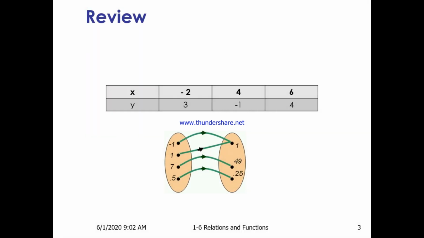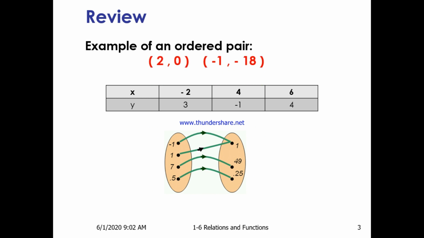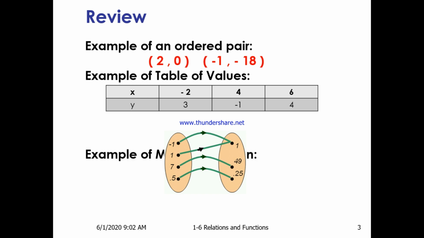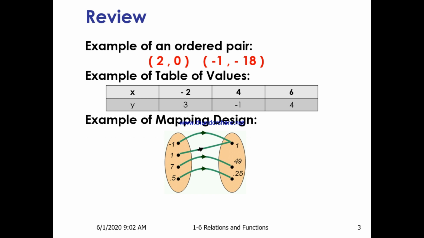Now, another review. This is an example. The first example is an example of an ordered pair. We have there 2, 0, -1, and -18. All of these are examples of relation. Okay, so this is what I mentioned earlier that an ordered pair consists of two values, the x coordinates and the y coordinates.